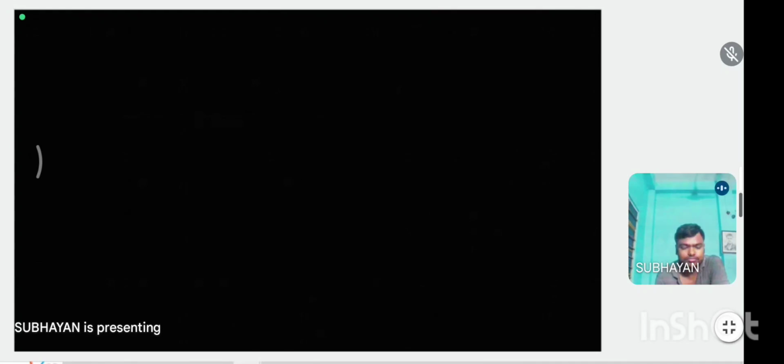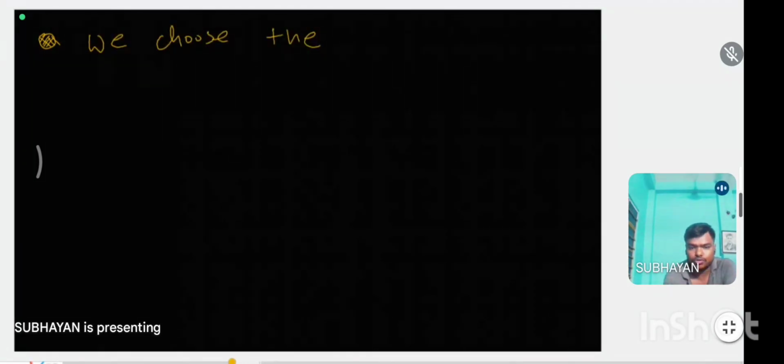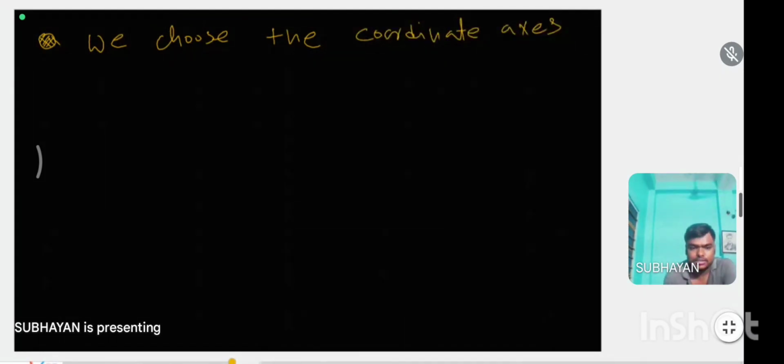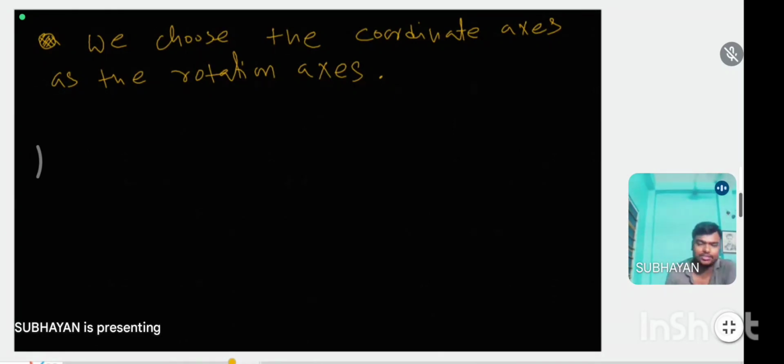Now, precisely, we are going to find some other aspects of this rotational symmetry. So, in a specific direction, that means suppose we choose the coordinate axis as the rotational axis. So we are choosing the coordinate axis to be the rotational axis.